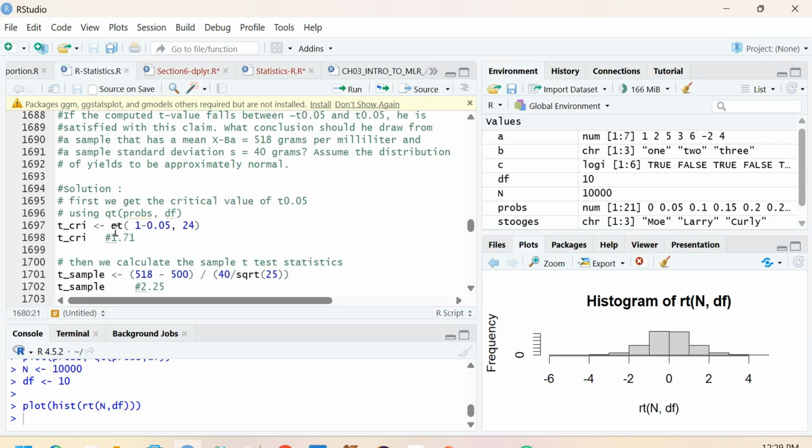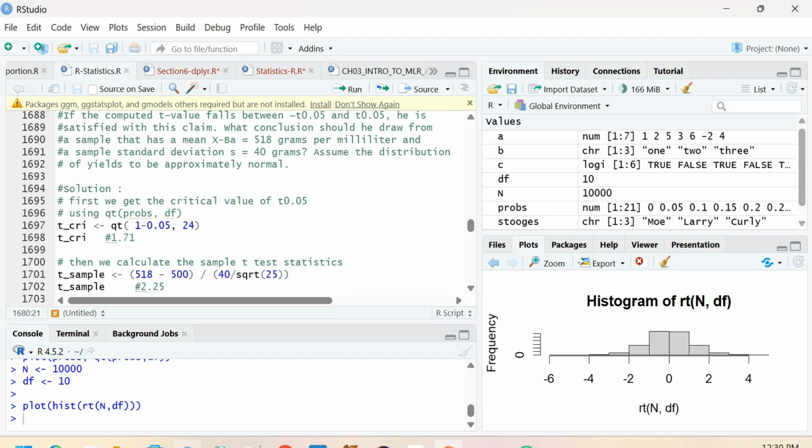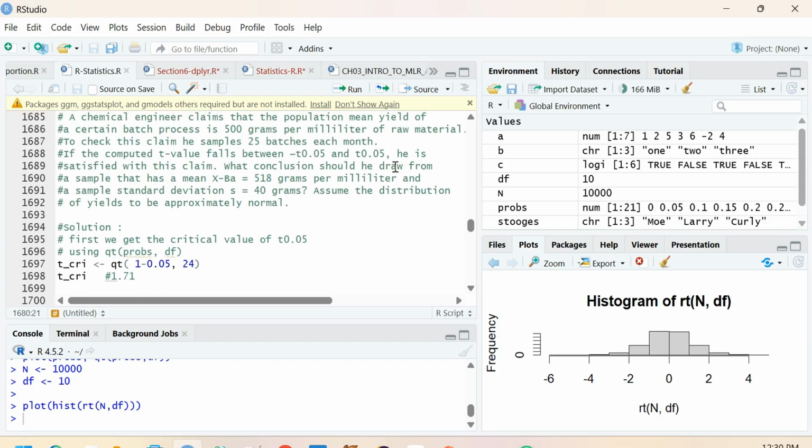So we can use quantile function. So qt 1 minus 0.05. Because the blue area is 0.05, which means the white area is 0.95. So we use qt 1 minus 0.05 and 24 degrees of freedom, because the sample size is 25 batches.